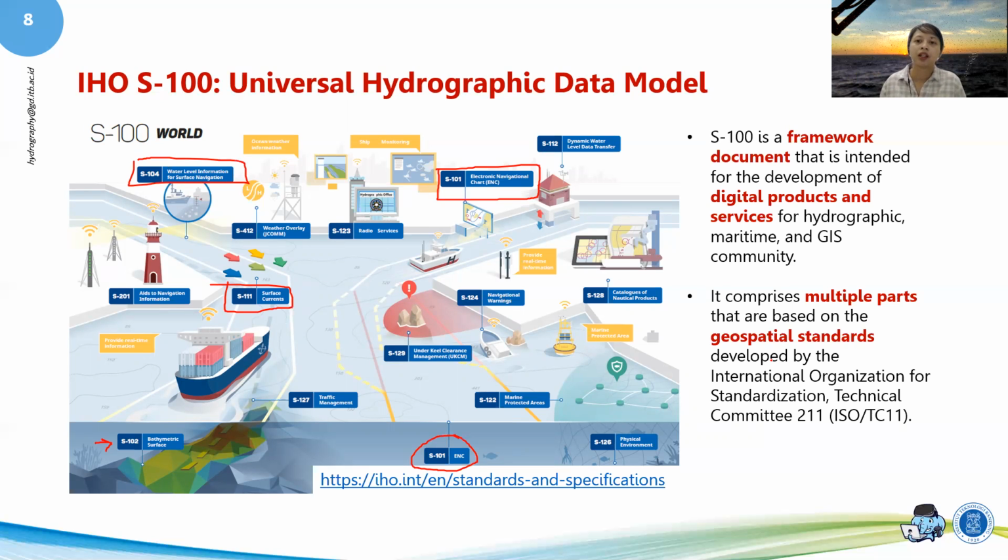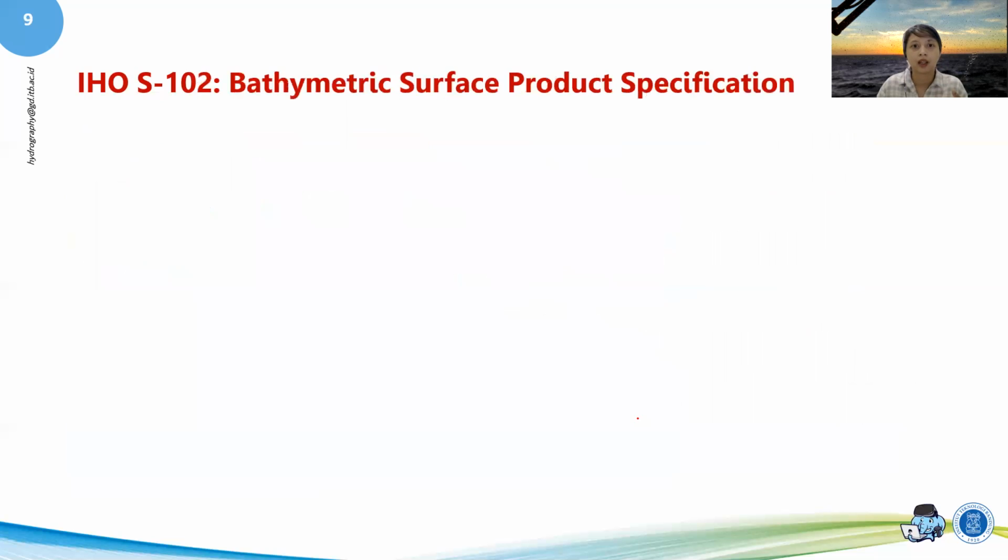Okay, so again, it comprises multiple parts that are based on a geospatial standard, and it's developed by the International Organization for Standardization, Technical Committee 211. So this is the standard that we will be focusing on today. The S102 is basically a standard for the bathymetric surface product specification.